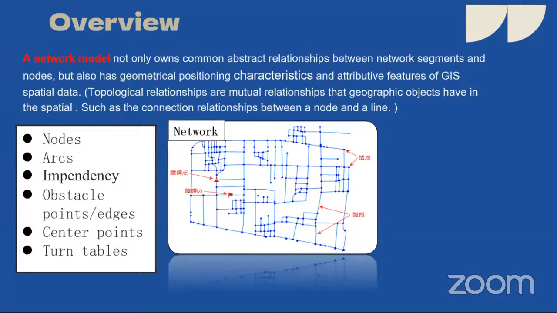The following describe the basic concepts involved in the network model, which are nodes, arcs, center points, turntables, impedance, and so on. So nodes are actually the places that are being connected.